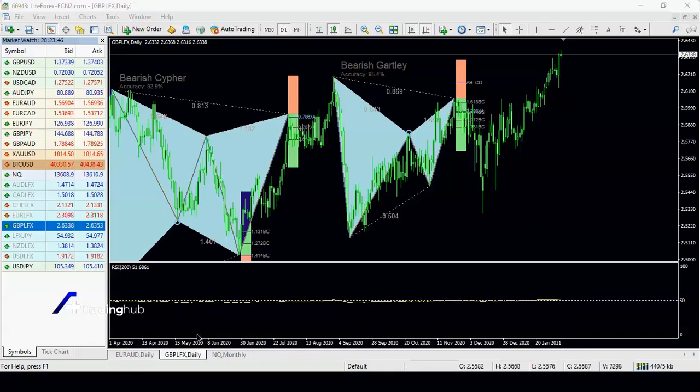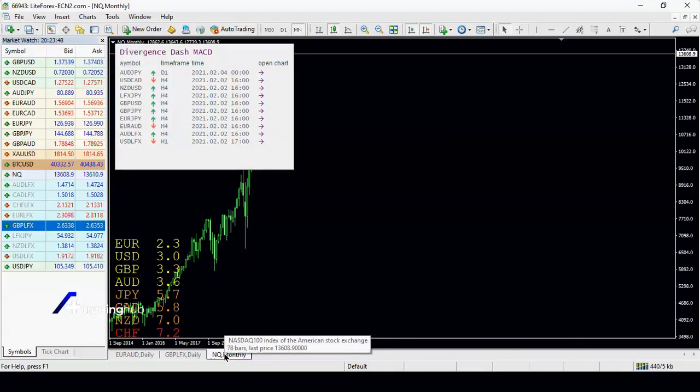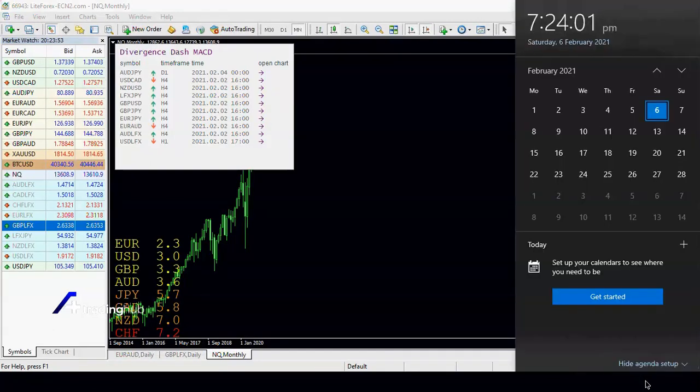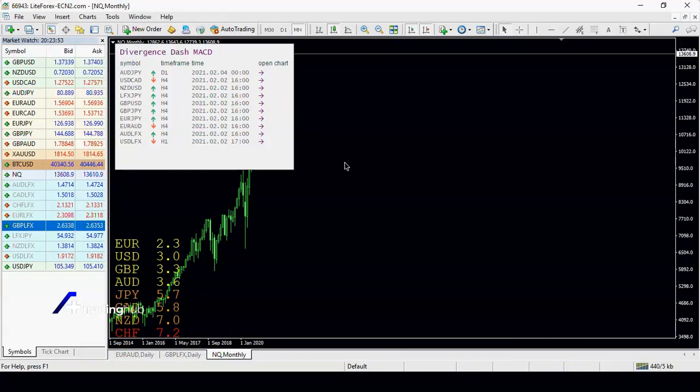Any current divergence? None. All these divergences are old, not recent. When was that? Was it this Friday? Okay, it was Thursday.